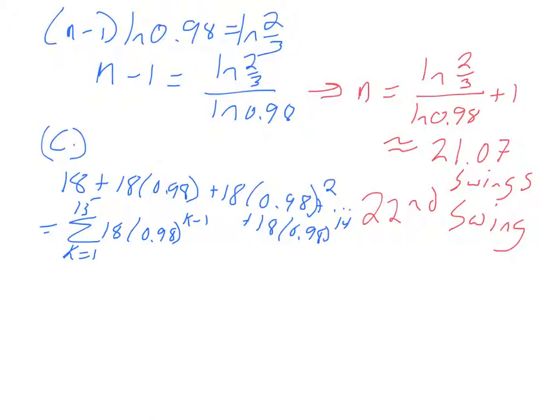That's going to be our series right there. And so using our series sum, we know that's going to be equal to a sub 1 times 1 minus r, r being 0.98, to the n, all over 1 minus 0.98.